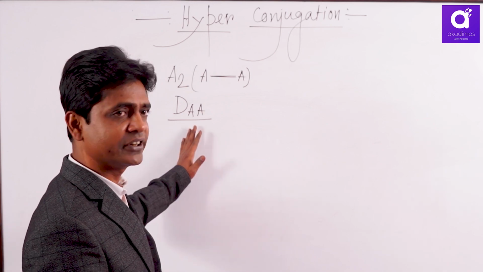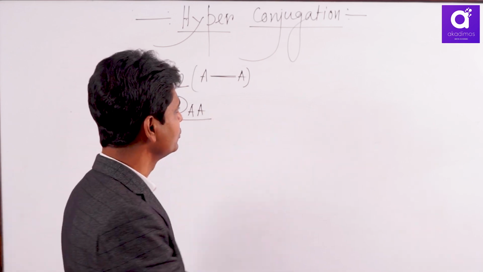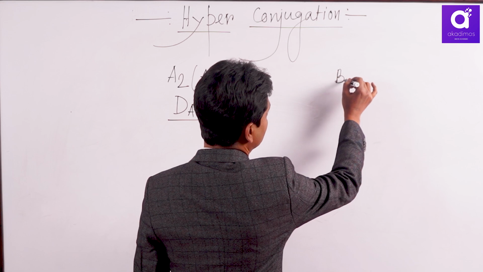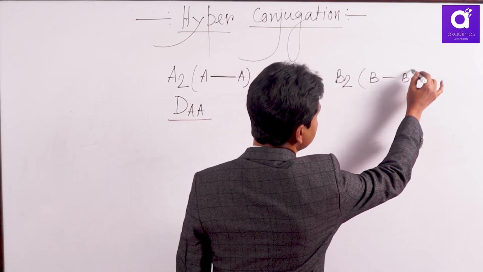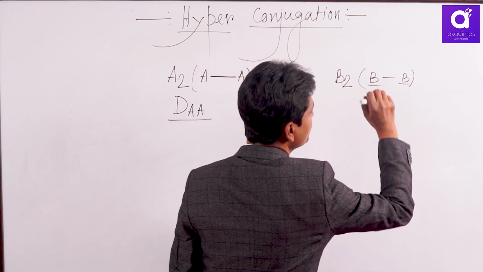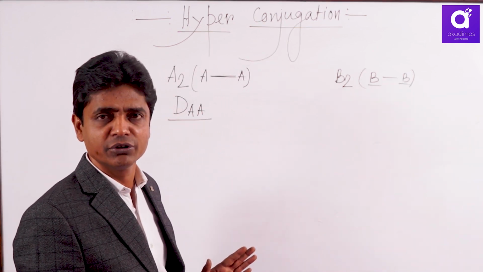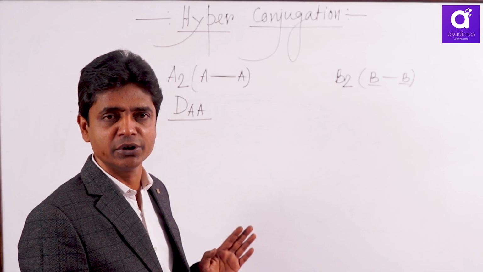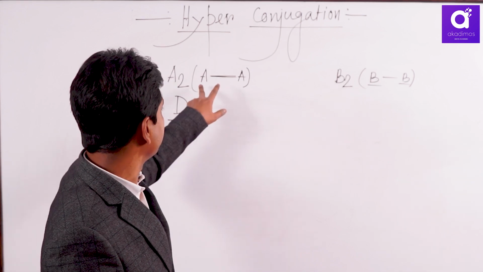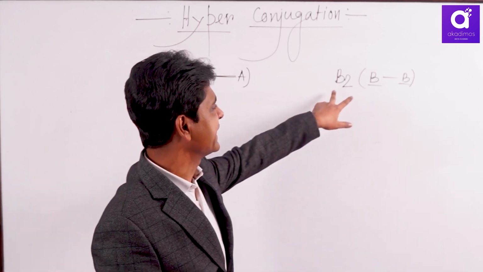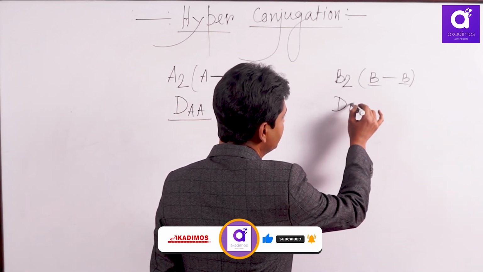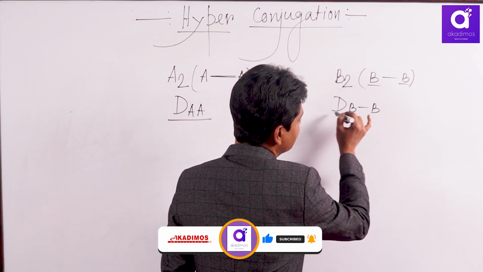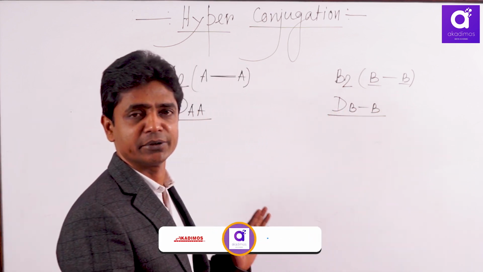This is not theoretical. Say another molecule B2, and there also you will get a pure covalent B-B single bond, since both are the same atom. You know, homonuclear diatomic molecules are purely covalent. You can take H2, you can take F2. Now this bond energy DBB, you will also get by doing an experiment.